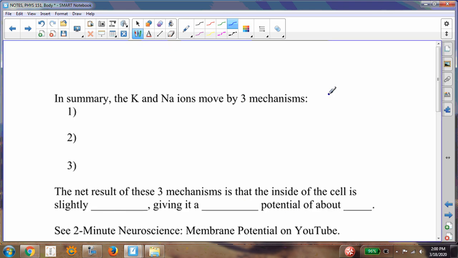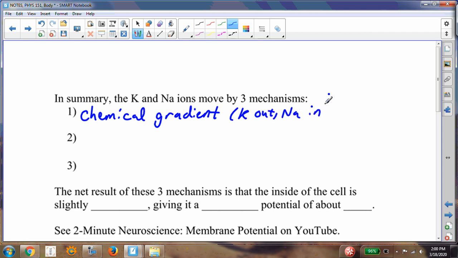So in summary, the potassium and the sodium ions move by 3 different mechanisms, and these are important. You need to know these. First is just the chemical gradient. That moves potassium ions out and sodium ions in. The second is the electrical gradient.